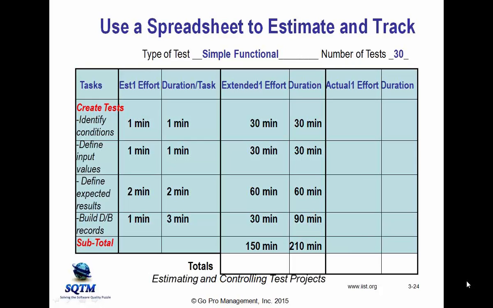So you estimate the effort and the intrinsic duration for carrying out each task per test. And then you let the spreadsheet extend that effort and duration, multiplying by the number of tests of that particular type, okay, and so forth. And now what are we doing?